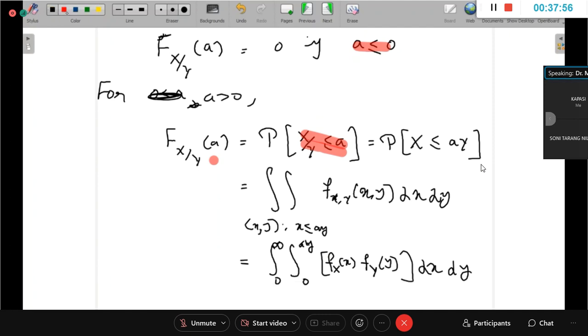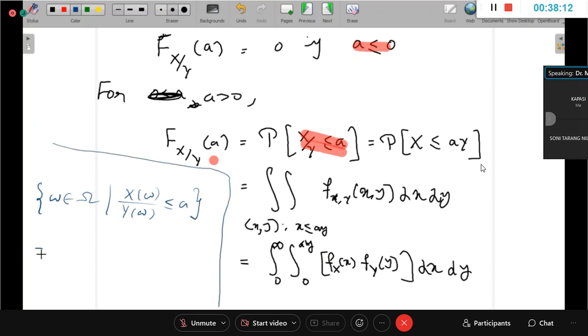Now if you read this notation carefully, what is this? The event X by Y less than or equal to A is the set of W belonging to omega such that X of W divided by Y of W is less than or equal to A. And this is the same as the set of W belonging to omega such that X of W is less than or equal to A times Y of W. Both will share the same set since none of them is 0.